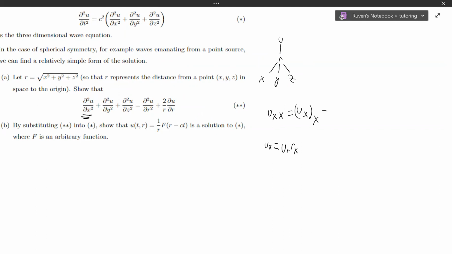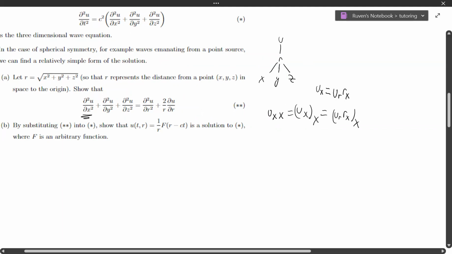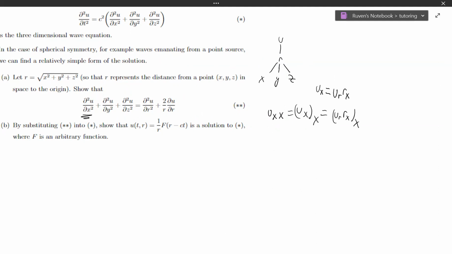So now what we need to do is take another derivative with respect to x of that. Now what's important here is to not forget about the chain rule, because right here we have a chain rule, and also a product rule, because we have one derivative and another derivative.